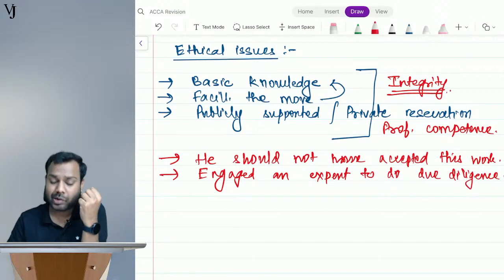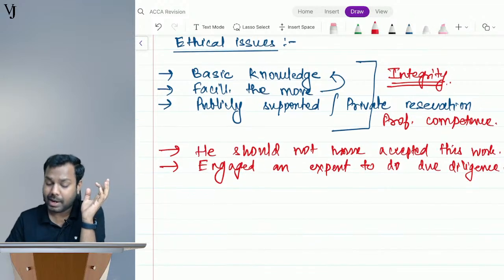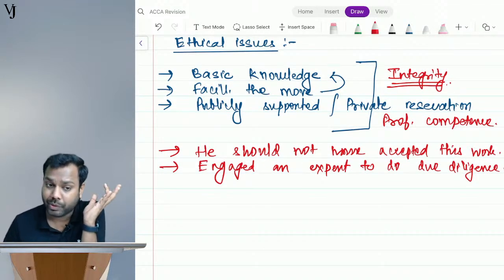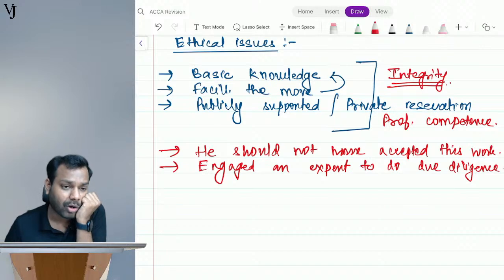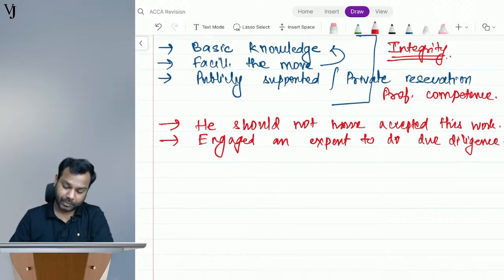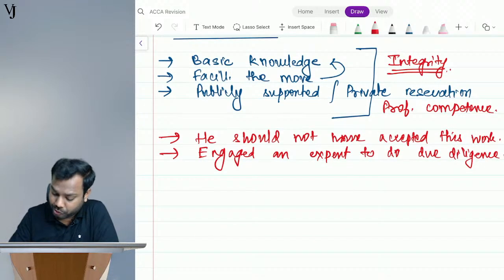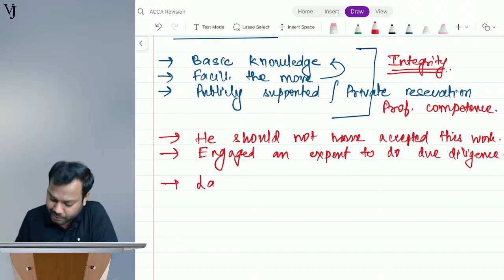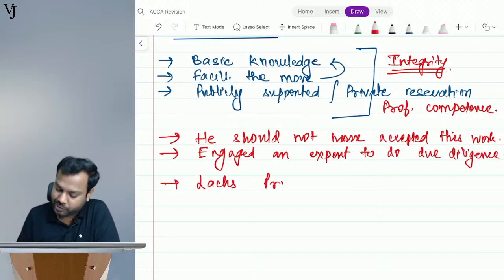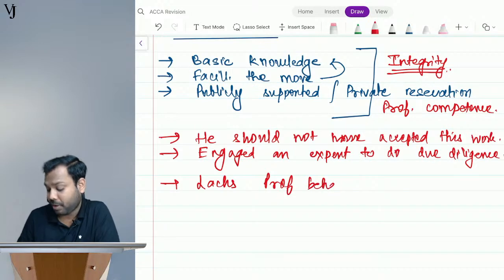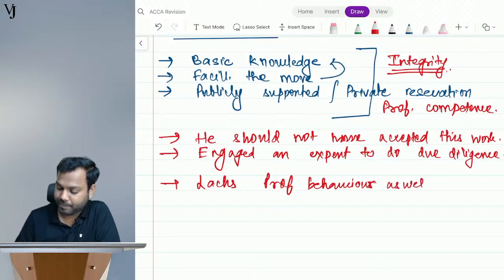Rather, he just tried to do everything himself, and assured the directors also that he will facilitate the move. But he is not having any knowledge, right? So again, this also shows that he lacks professional behavior as well.